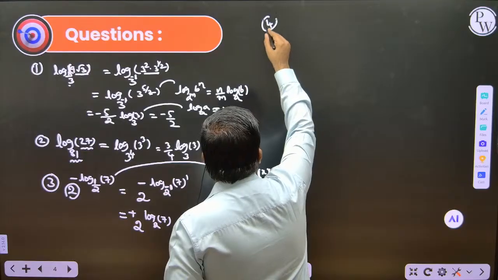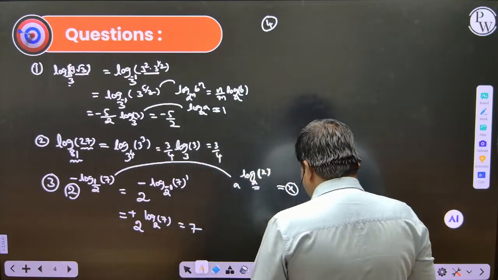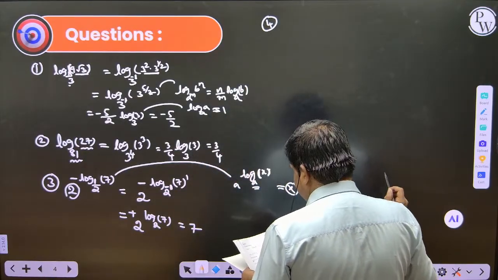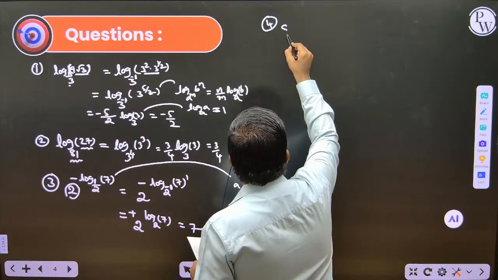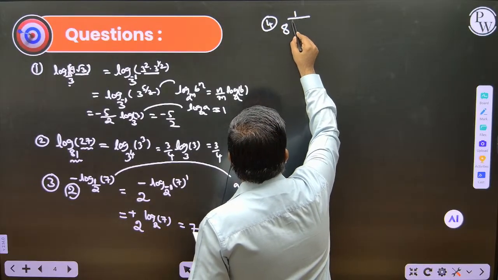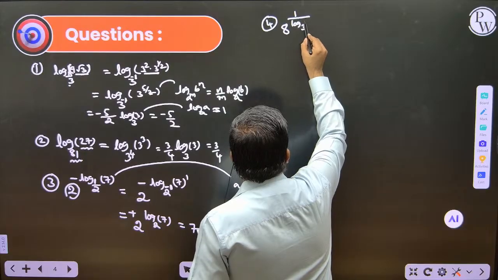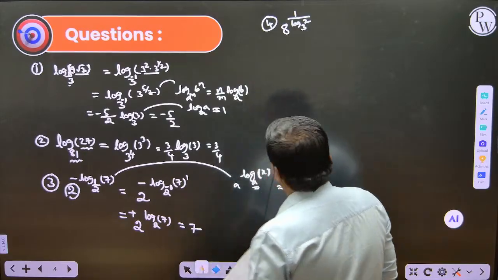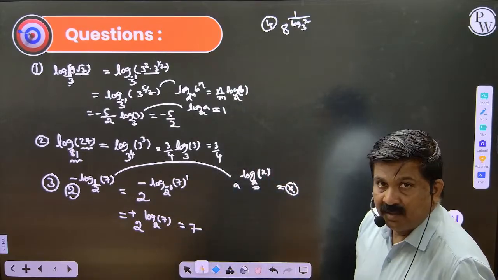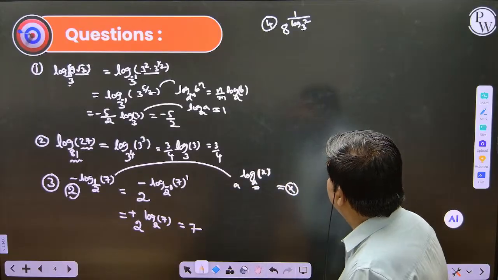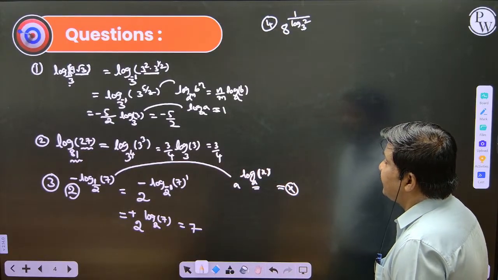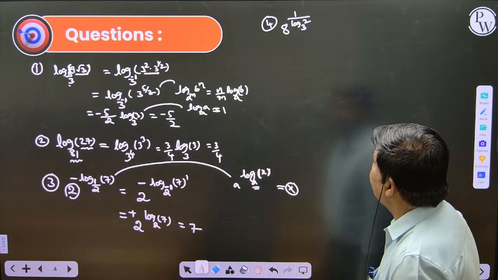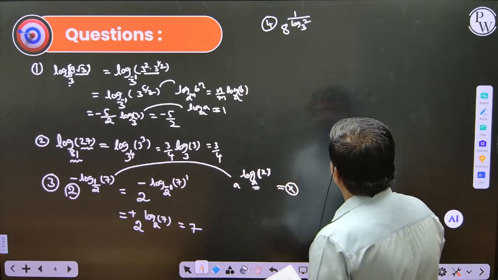Question number 4. 8 power of 1 by log base 3 to.